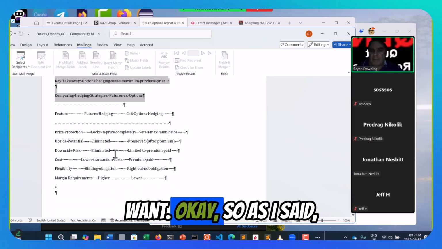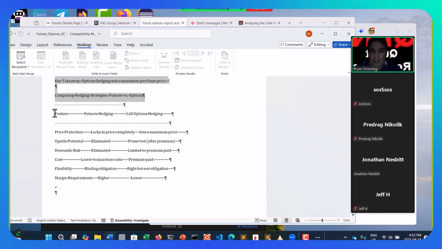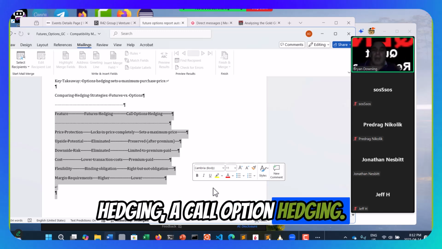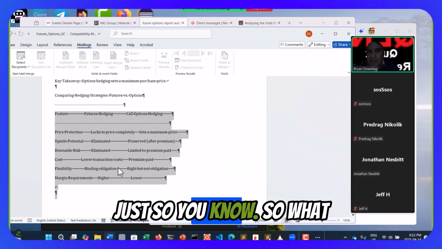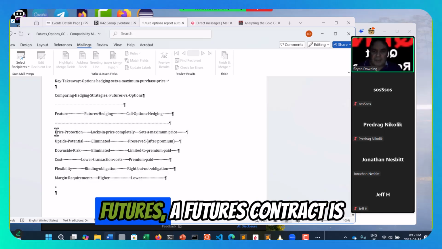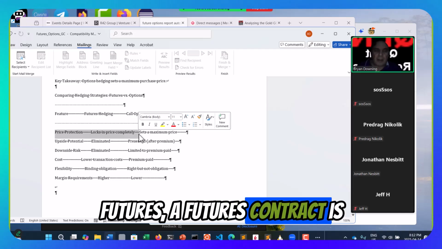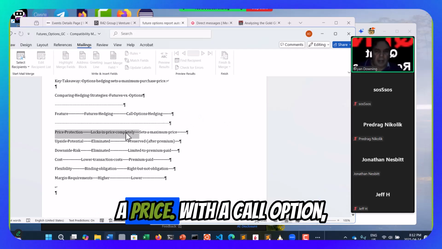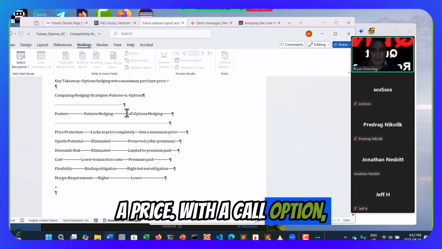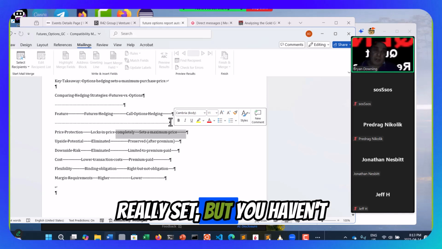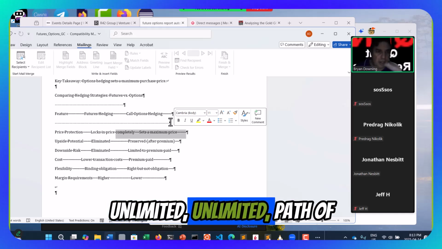So as I said, there's futures hedging and call option hedging. This has got to get prettied up, just so you know. When you take a futures contract, generally you're locking in a price. With a call option, you don't really set a price, but you have unlimited profit potential.